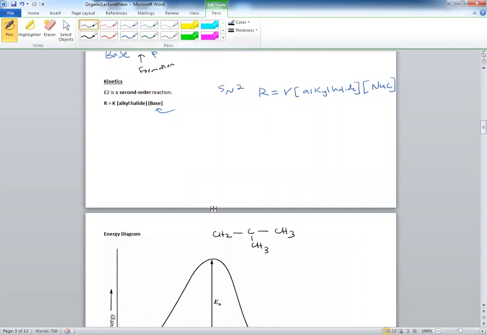So if I put my CH2, CH3, CH2, O, and the H down here, and the bromine at the top, then my transition state would look like this. This bond is forming. This bond is breaking. This bond is forming, and this bond is breaking.